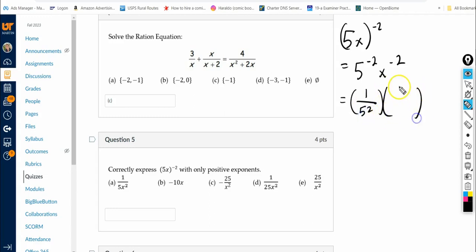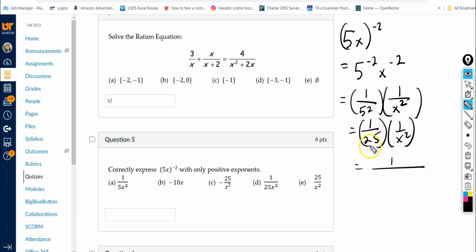And this is the same thing as 1 over x squared. And so I'm going to have 1 over 25 times 1 over x squared. And when you're multiplying fractions together, you multiply the tops and multiply the bottoms. And so in the denominator, we're going to have 25x squared. So that's the one we want for that one. And the answer is D.